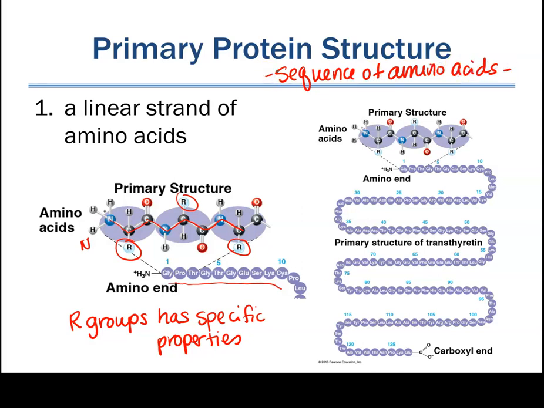And as I said a few minutes ago, that sequence is determined by the coded sequence within our DNA. So here we have a long string of an example protein called transthyretin. And we're just seeing here that sequence of amino acids.